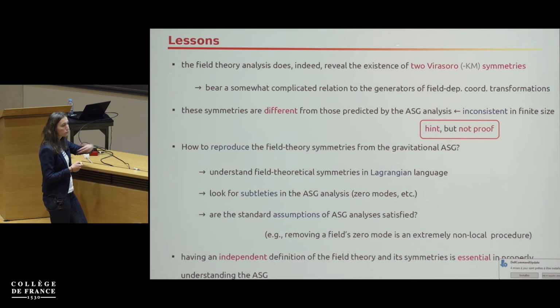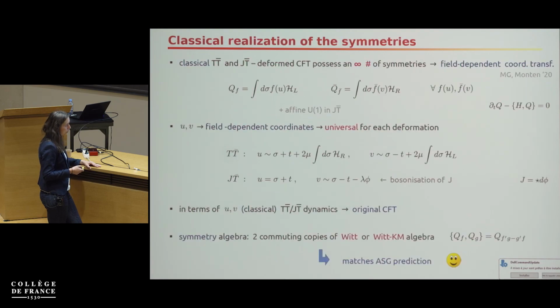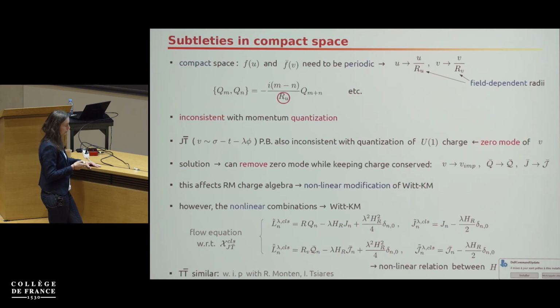We have to remove the zero mode and do nonlinear combinations and so on. In addition, these symmetries are different from those predicted by the asymptotic symmetry group analysis, which are the ones I talked about here, the ones that are actually inconsistent in finite size. They're the ones with the algebra that was inconsistent.